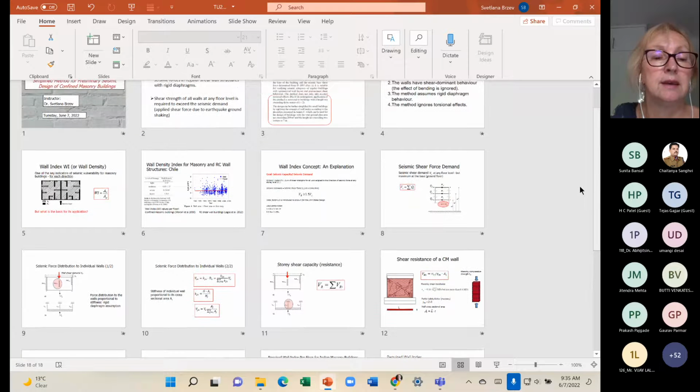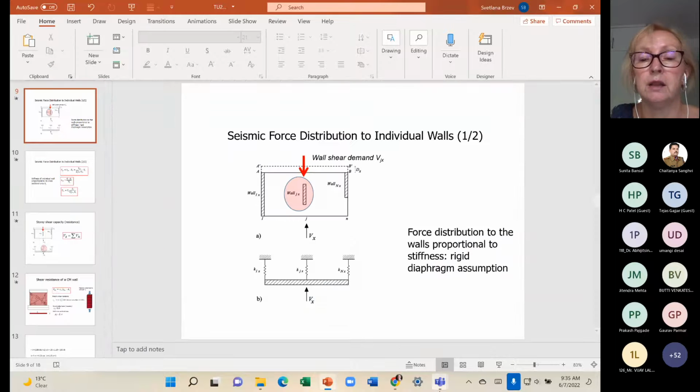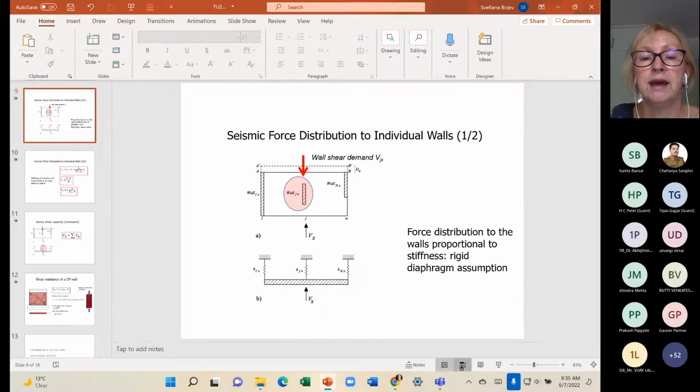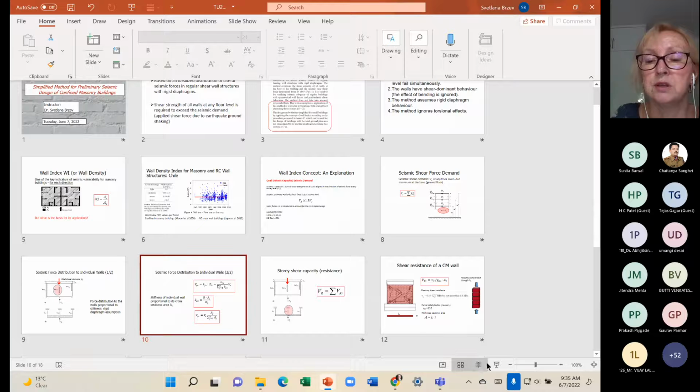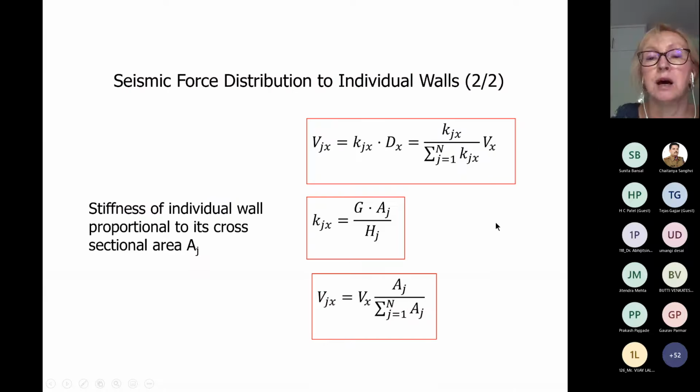And the second thing is that this approach can help you to calculate by hand stiffnesses and forces in the walls. In your assignment, you will also need to use these equations, because I expect you to be able to determine forces in individual walls by hand by calculating these proportional stiffnesses.